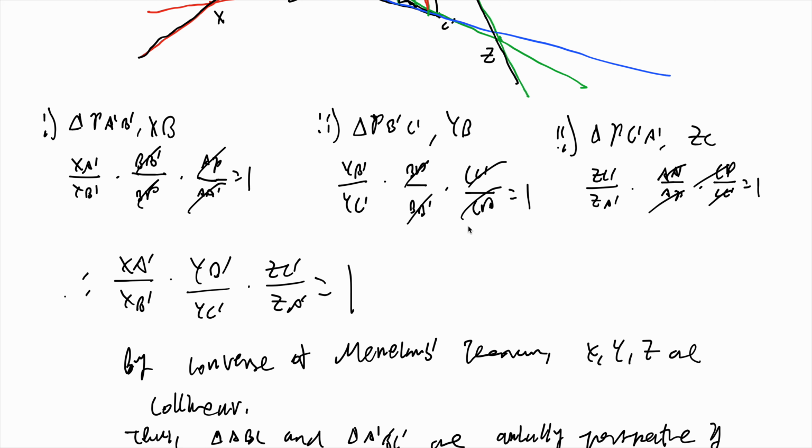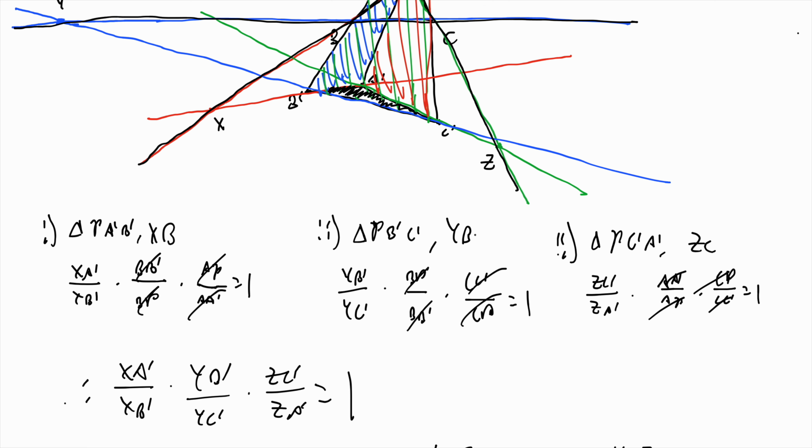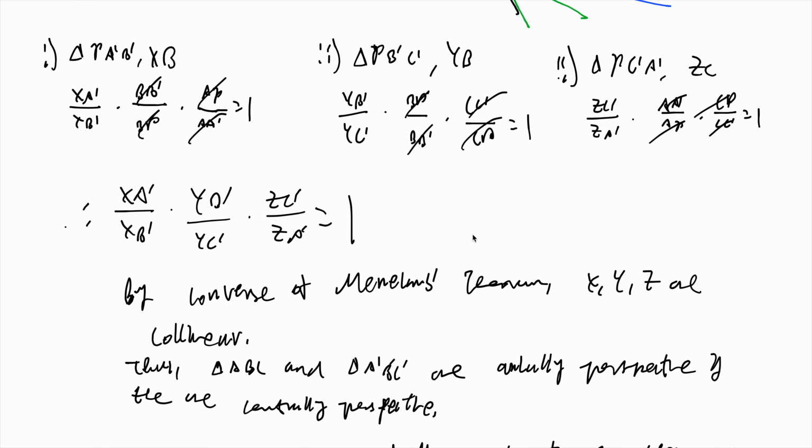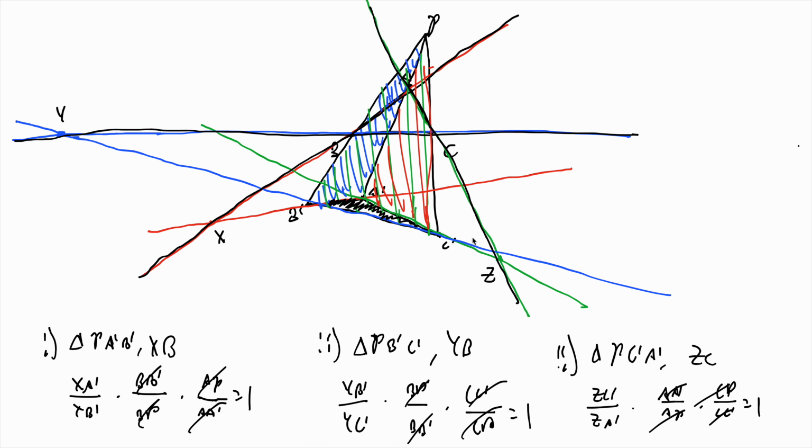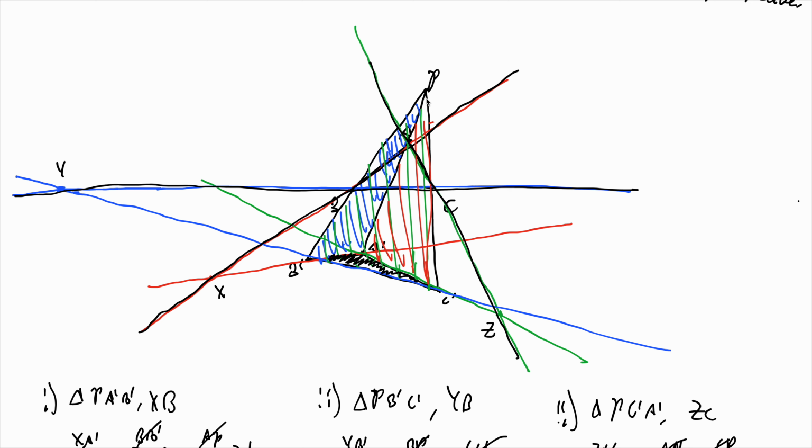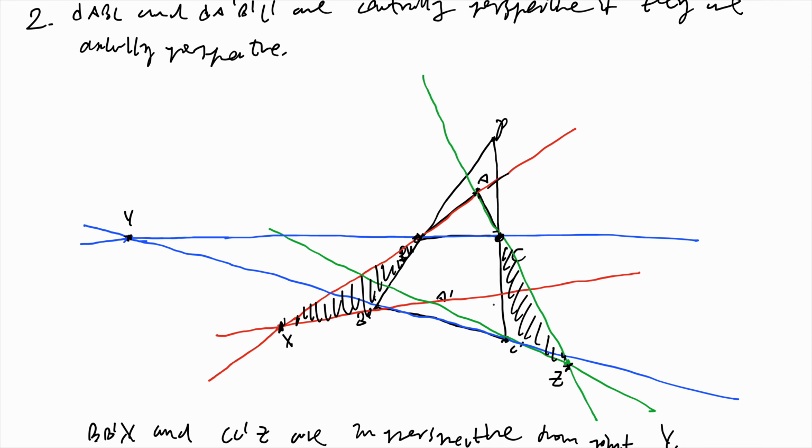We know that if ABC and A prime, B prime, C prime are in perspective from point P, then Y, X, and Z are collinear. And now notice that they are just the same thing.